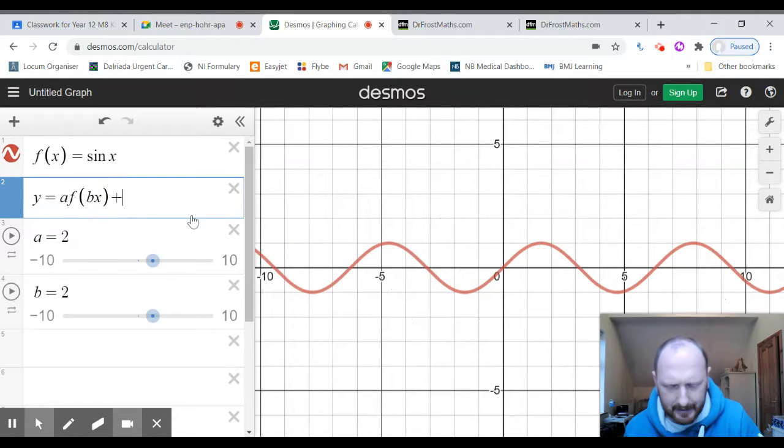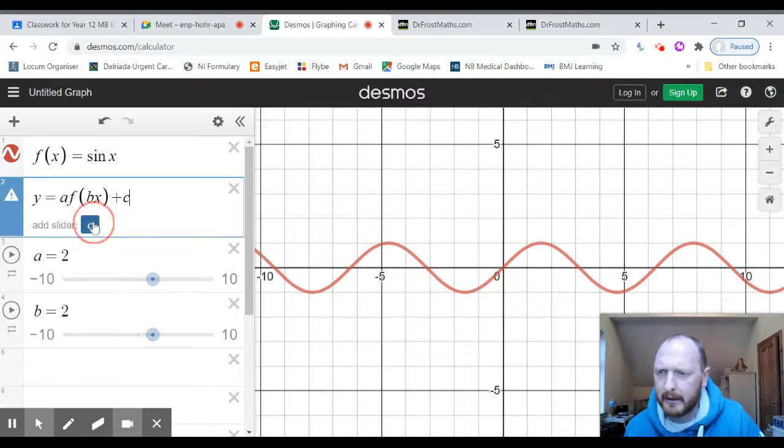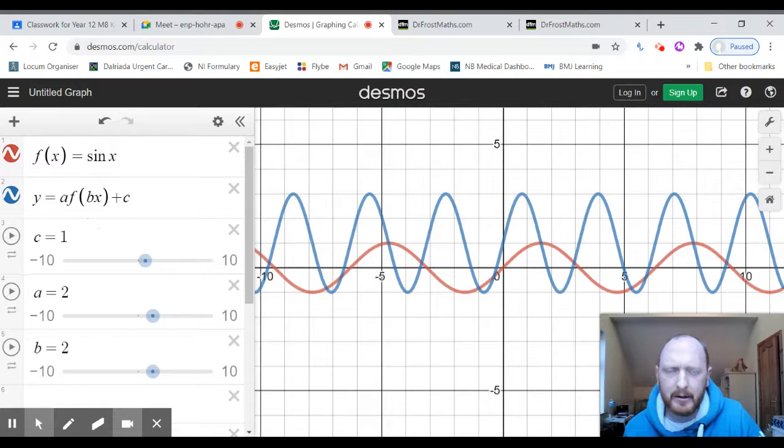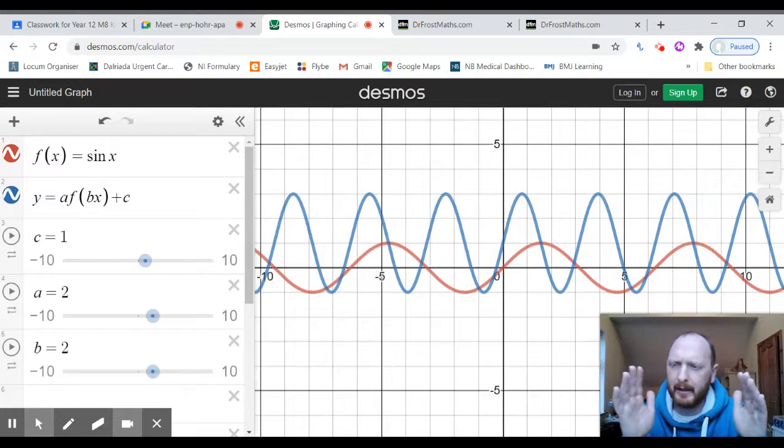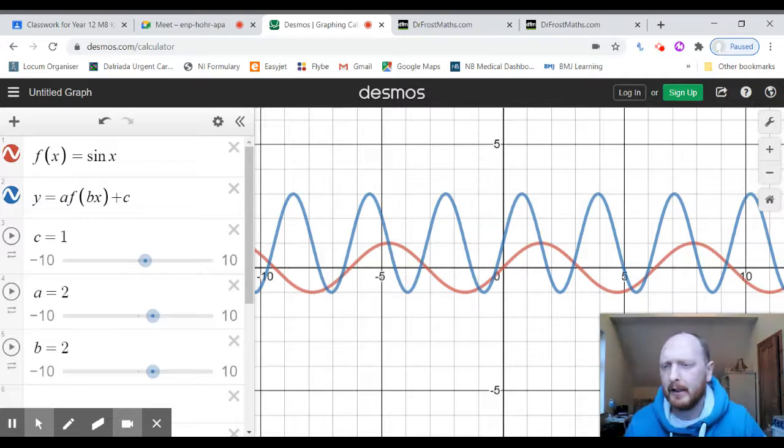If we were to add a c to this, so add another slider, then the order does matter. In terms of the plus c, anything outside of the function should always be done at the end. So b stretched it in the x-direction by a half, then a stretched it vertically by a factor of 2, and then plus c has moved it up by 1 in this case.